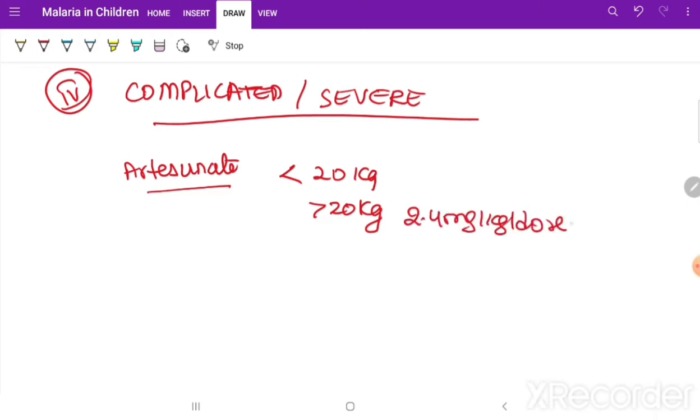You need to remember per dose how much. And in less than 20 kg, most of the authors mention 3 mg, but very few authors follow 3.2 also. So 3.2 mg per kg per dose. Okay, when all do we give? We give IV, we give stat, that is at 0 hour.